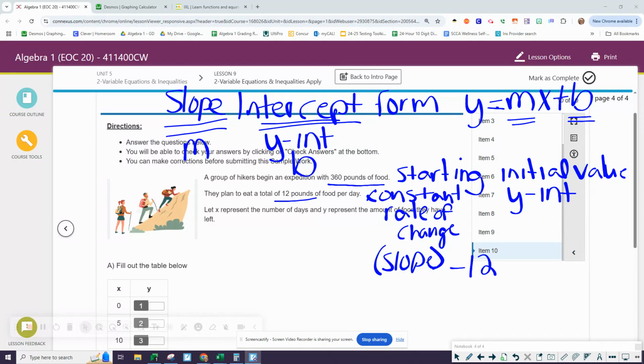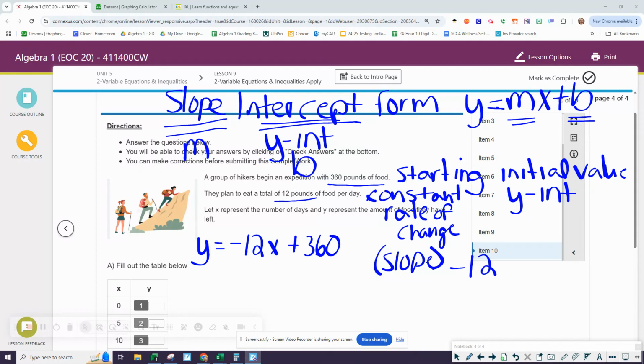So we want to let x represent the number of days and y represent the amount of food they have left. So if we were to write an equation in slope-intercept form, our y would equal our slope of negative 12 times x plus our y-intercept, our initial starting point of 360 pounds. So that would be our equation.